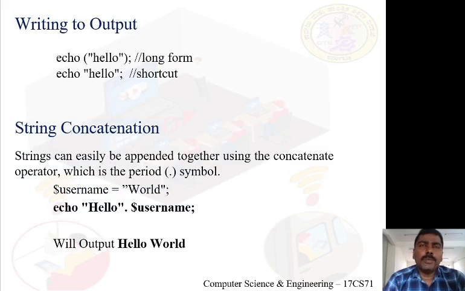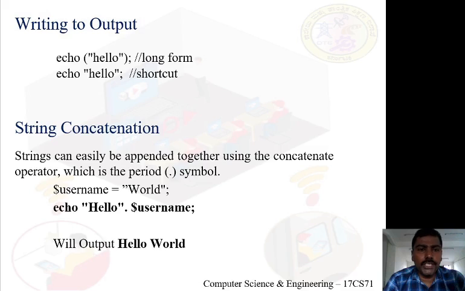Now assume that a PHP script executes and generates some output. Got it? And this output needs to be sent to the client machine, that is, to the browser. This browser can be an HTML file, right? So now the PHP script, once it executes and if it generates an output, has to write that output to the HTML source file that is sent to the client machine.